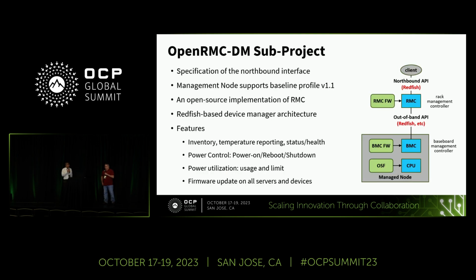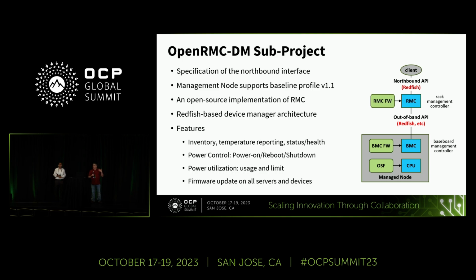Go ahead, Jeff. Right. So I think we have two more of the sub-projects that have been around for a while. The OpenRMC specification started to define two layers, defining the interface out of an aggregator up to an orchestrator level.